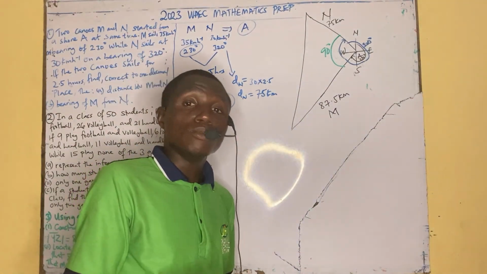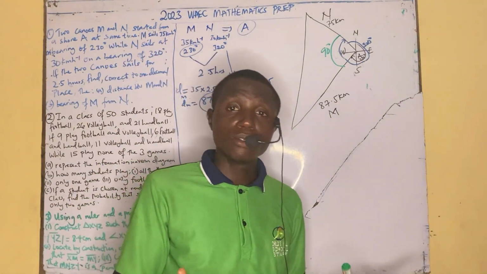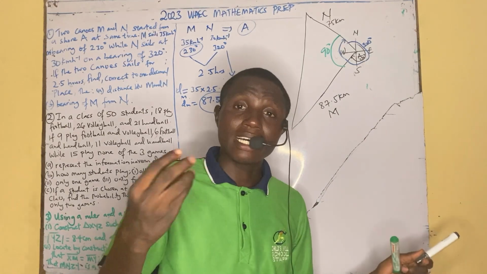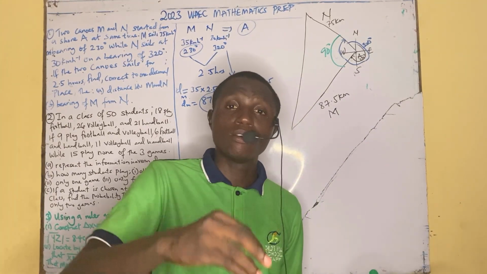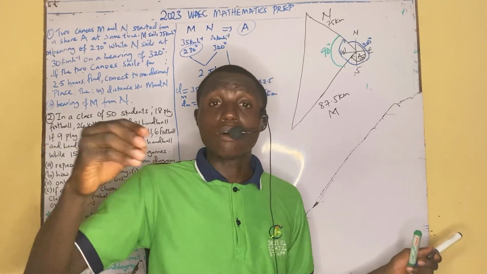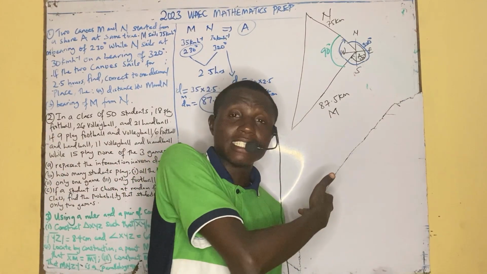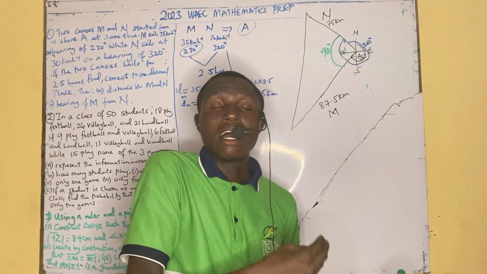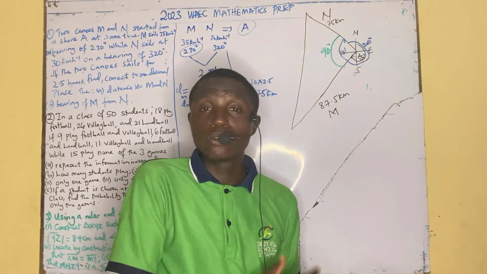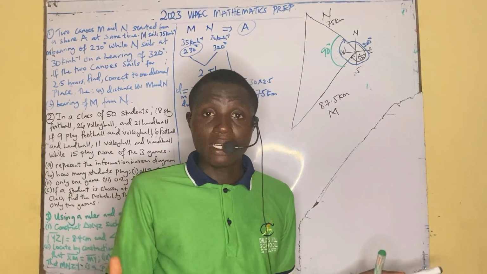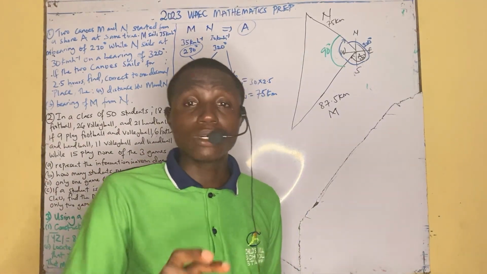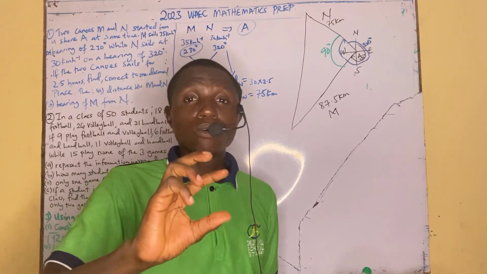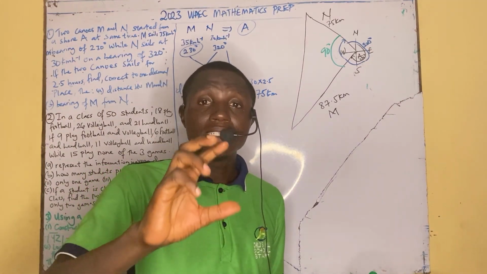But here, the most common formula that we are going to use is the cosine and sine rule. So I'm going to stick with cosine and sine rule because if you come across other questions that do not involve 90 degrees, cosine and sine rule is applicable to whichever angles you obtain. But Pythagoras and trigonometry ratio is only applicable to a 90 degree triangle.